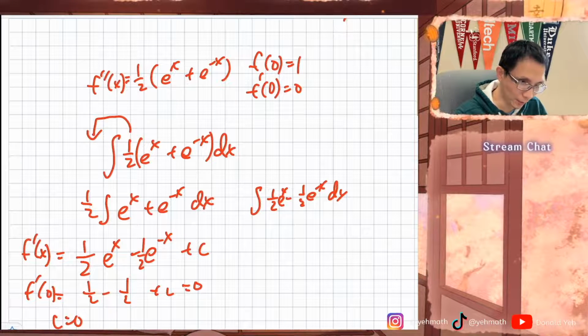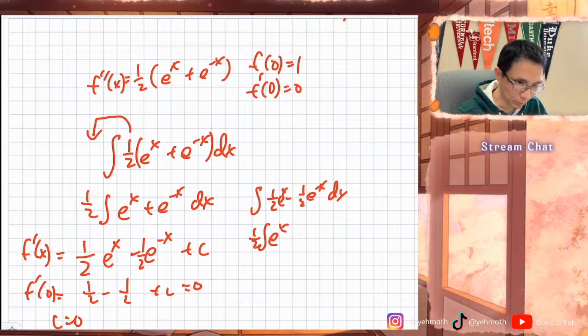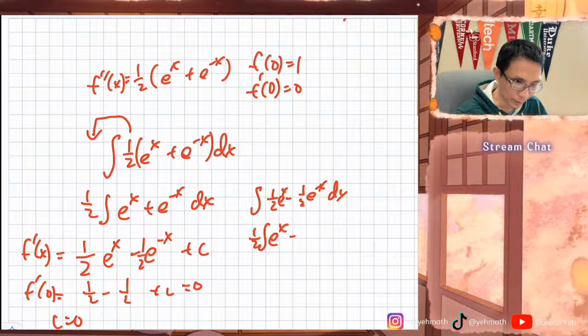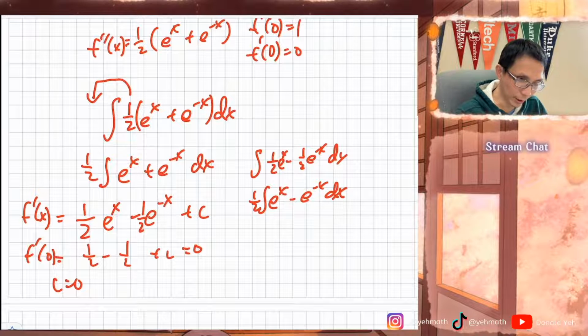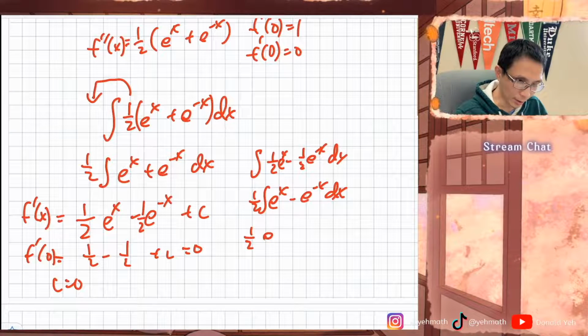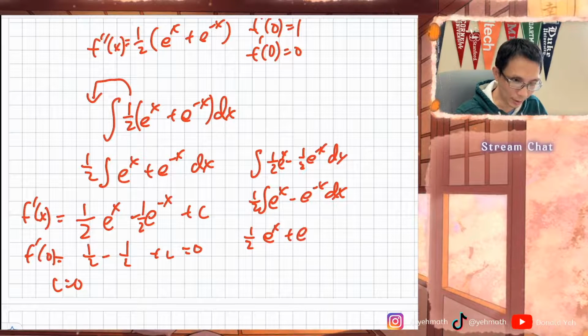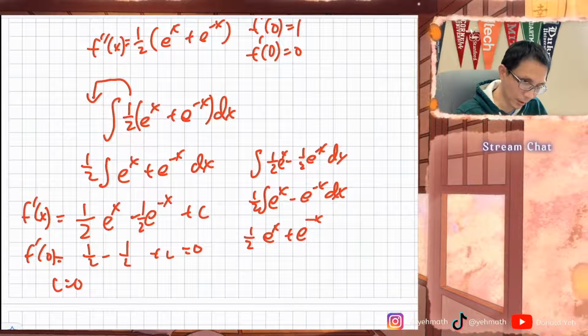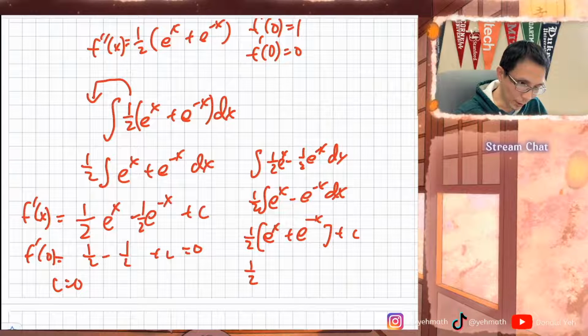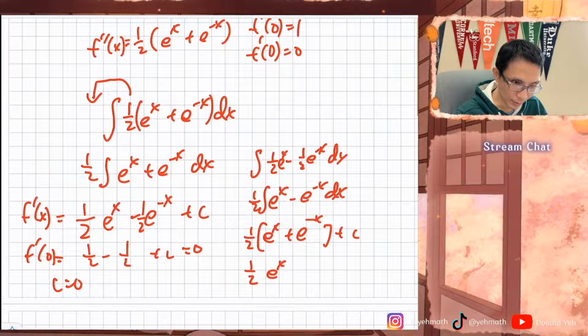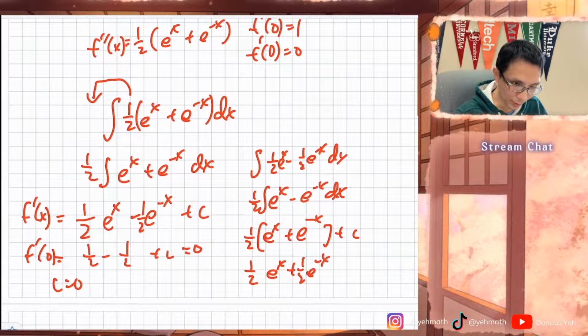Again, I'll take the 1/2 out and integrate again. That's e to the x plus e to the negative x plus c. So that's equal to 1/2 e to the x plus 1/2 e to the negative x plus c.